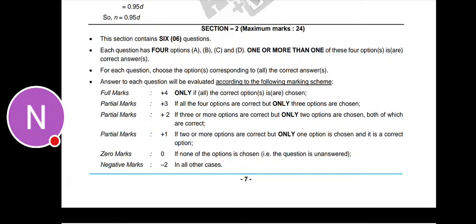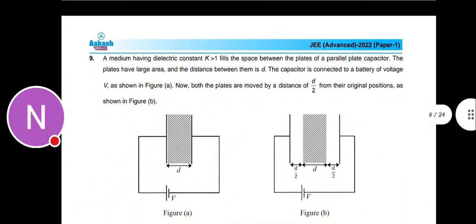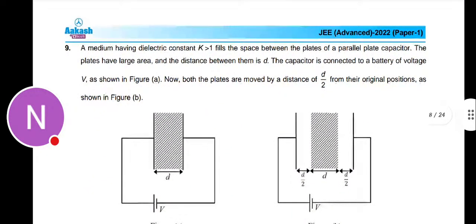If you have not chosen any option, you will get 0 marks. And there is negative marking in all other cases, where you will get -2, meaning 2 marks will be deducted from the marks you have got.